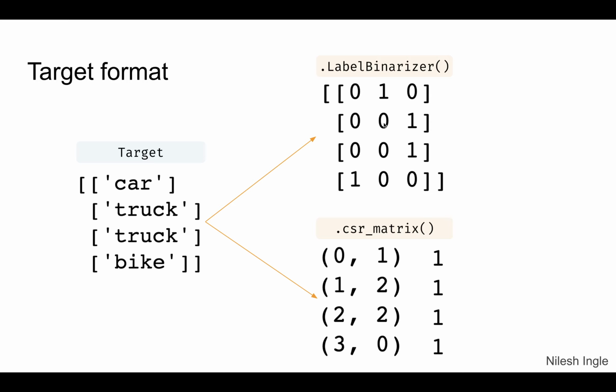Row 1 column 2 we have 1, and so on. Lastly, row 3 column 0 we have 1. So that's how we can convert the target into ones and zeros, and either of these formats can be used as an input to this methodology of multi-output classification or regression.